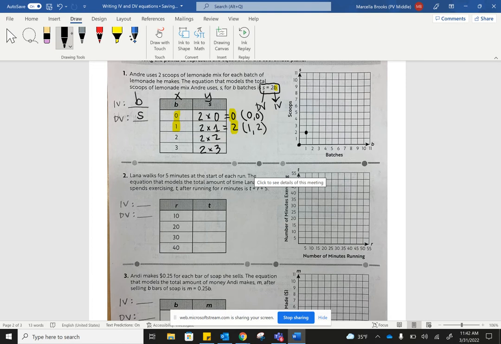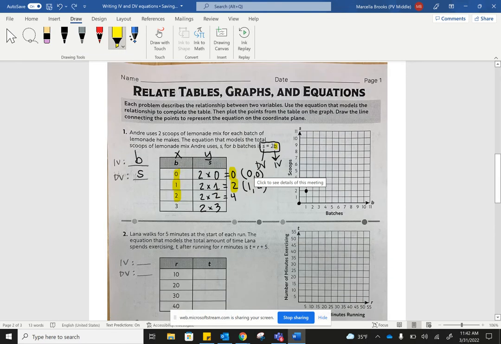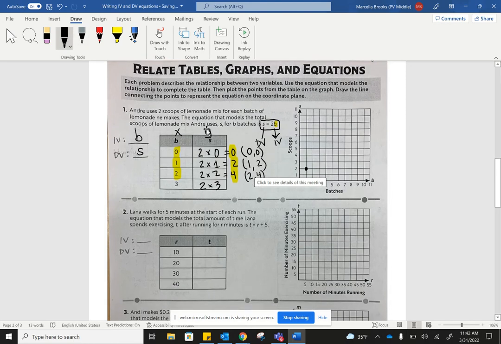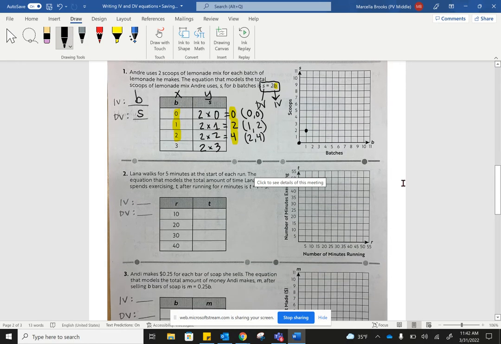Okay, now we can do the next one. 2 times 2 is 4. My X value is 2. My Y value is 4. That's my next point, 2, comma, 4. We can graph that.